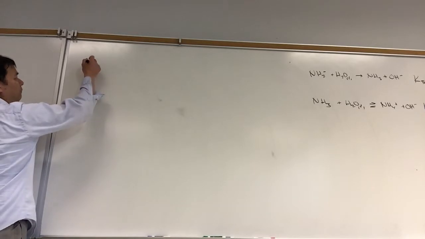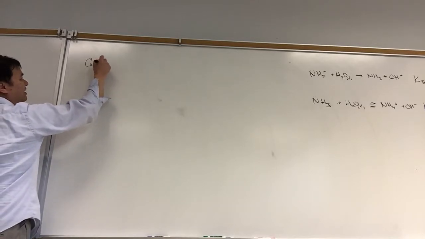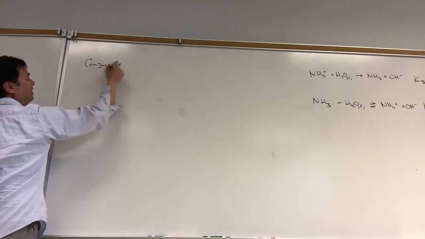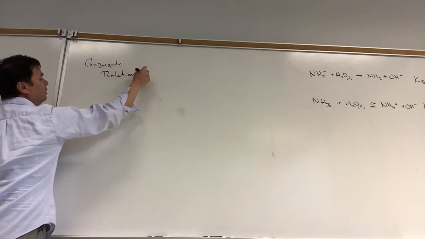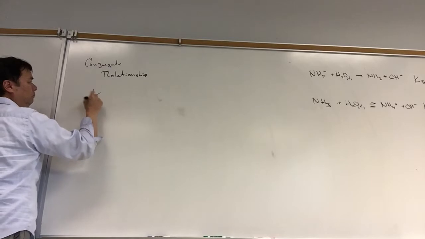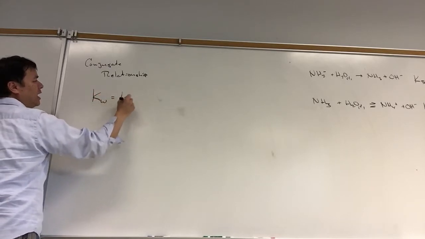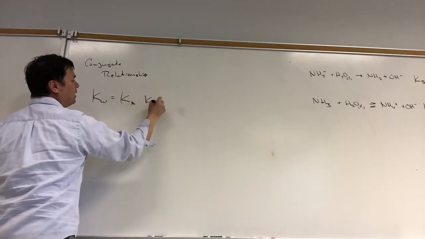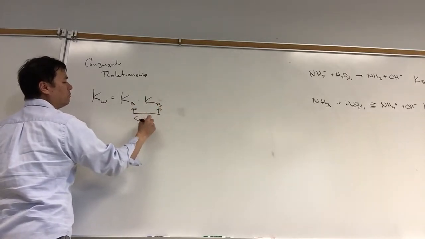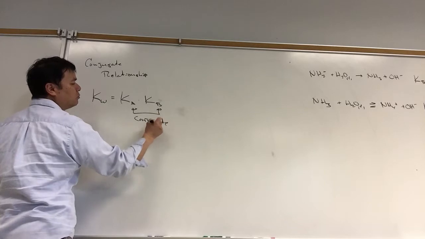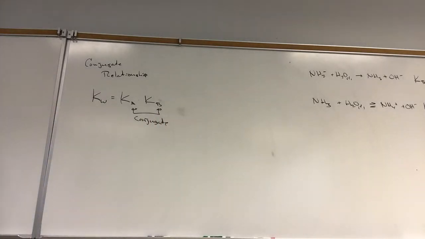And so the conjugate relationship is like this. Kw is equal to Ka times Kb, where these are conjugates of each other. And so given one, we could figure out the other easily.